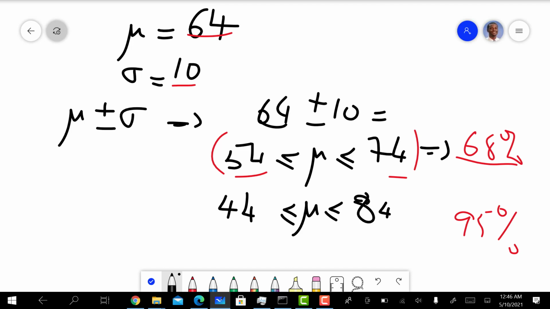So you see, the number of times you add or subtract your standard deviation makes your confidence interval bigger. So 95% of your confidence interval here covers test scores between 44 and 84.